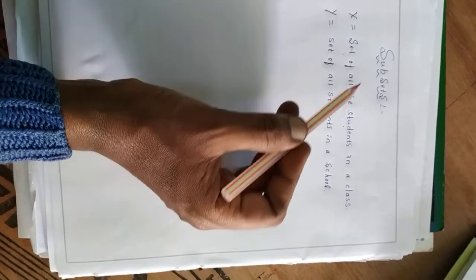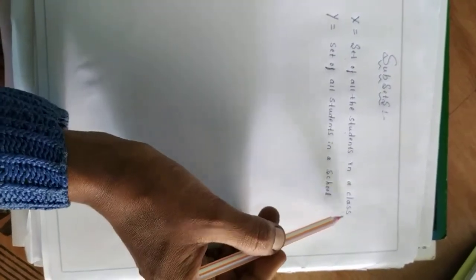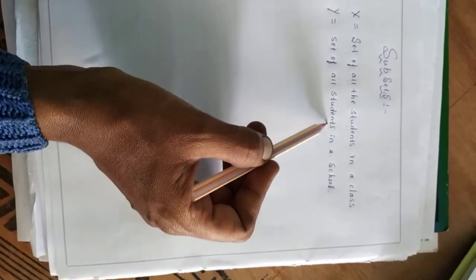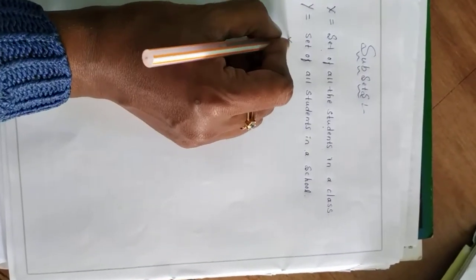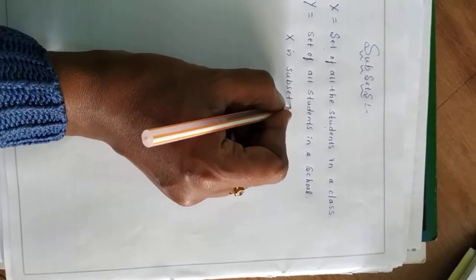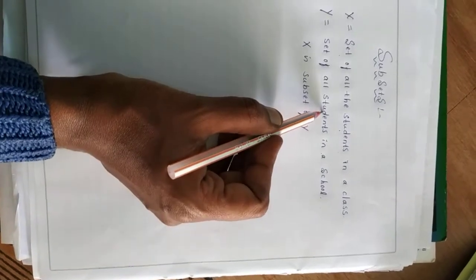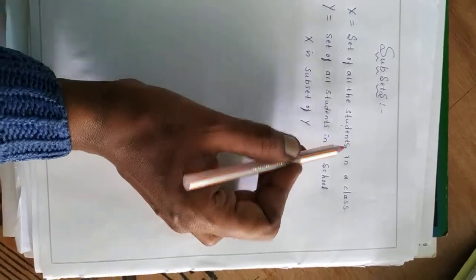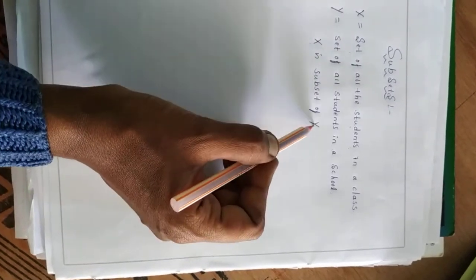X is the set of all students in a class, and Y is the set of all students in a school. Now I can say that X is a subset of Y, because these 100 students will be there in the school, right? Therefore X is a subset of Y.